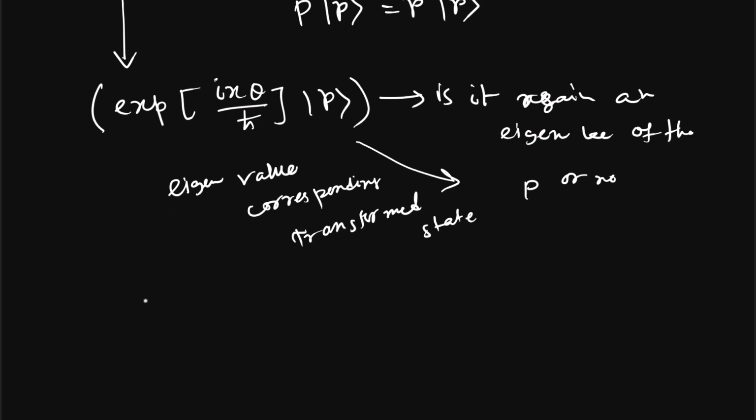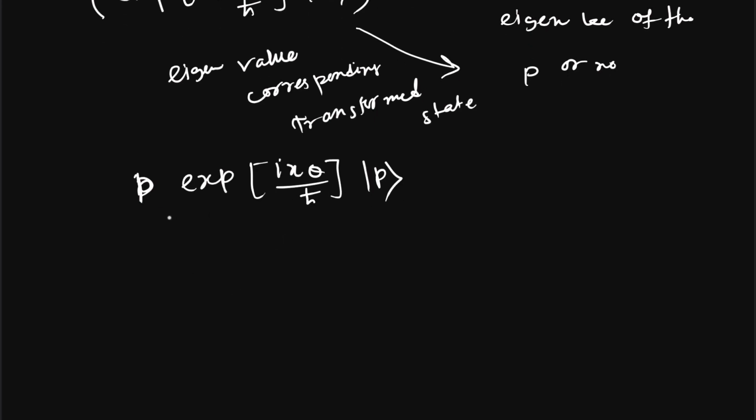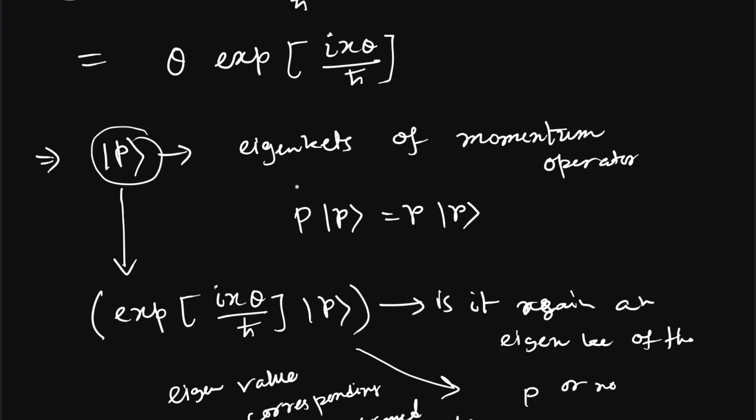Let us see. If you operate the momentum operator on the state exp(i x θ/ħ)|p⟩, let us use the commutation relation.